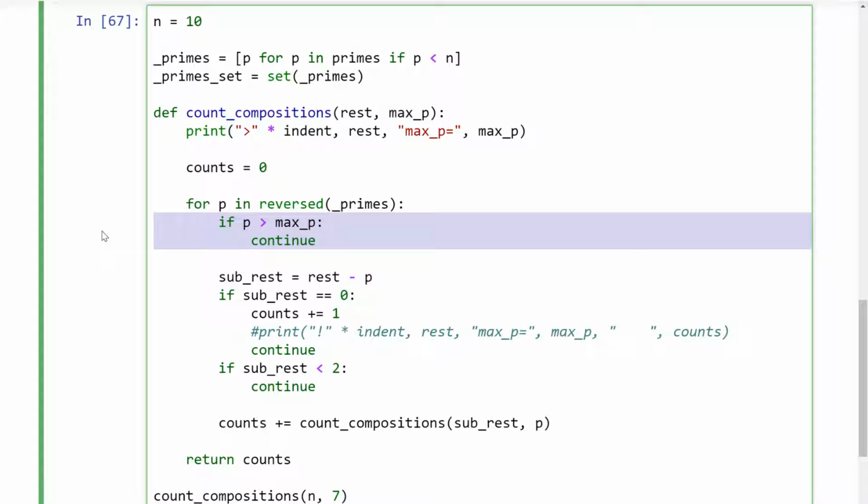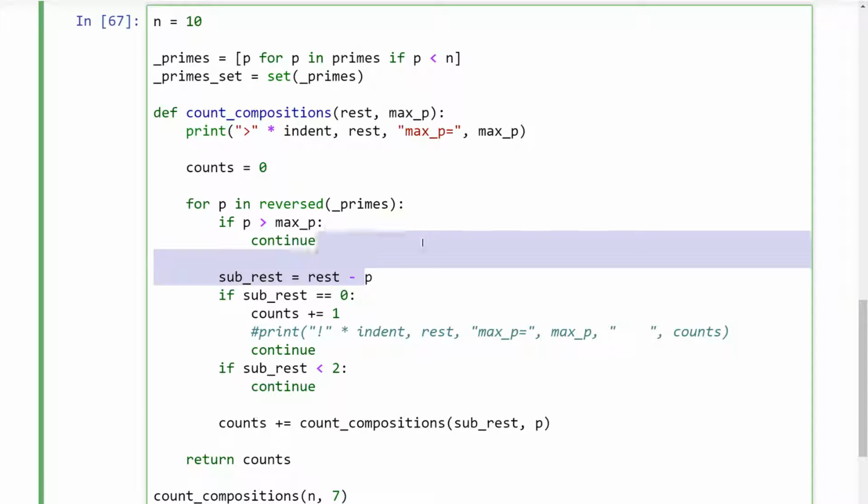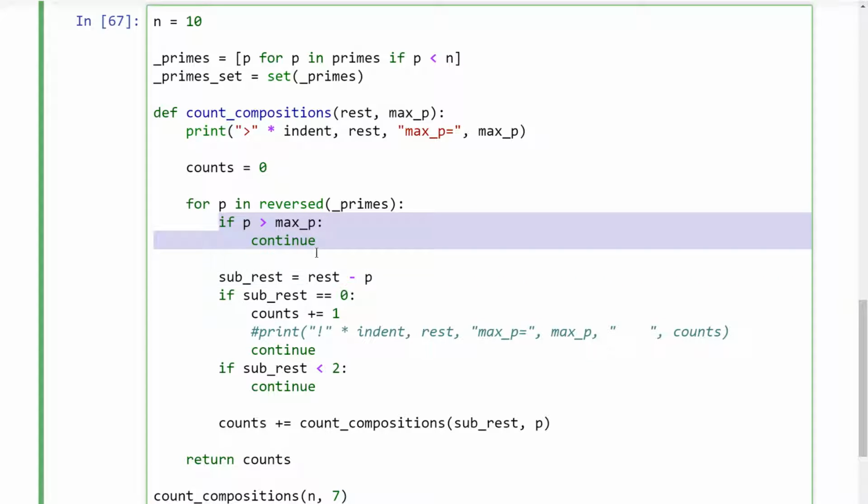What is the stopping condition when the loop is over? What is what? Stopping condition, the loop is over. It just iterates through all the primes. So the stopping condition is just that there are no more primes. Is that the question?